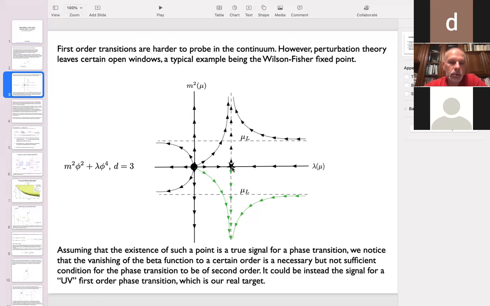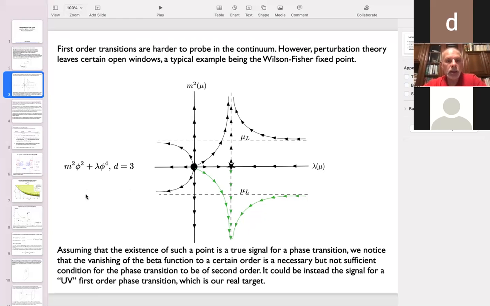Now, usually the vanishing of the one loop beta function is interpreted as a fixed point. I'm going to take a slightly different point of view here and say that it may be the sign of a second order phase transition or a fixed point, but it may be a sign of a weak first order phase transition.